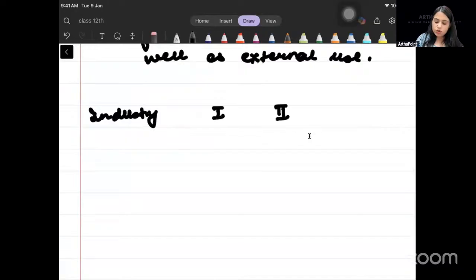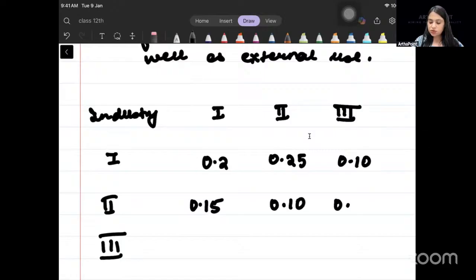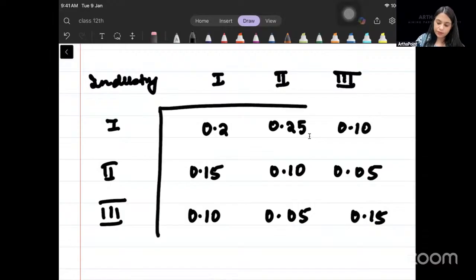Okay. So you are given industry 1, 2, 3 and 1, 2, 3, with values 0.2, 0.25, 0.10, 0.15, 0.10, 0.05, 0.10, 0.05, 0.15. This is a box which you're given.